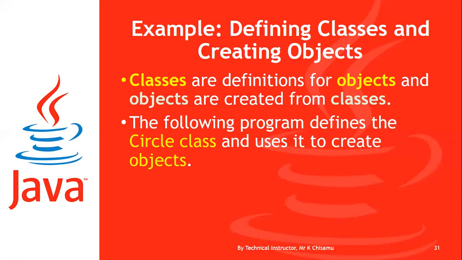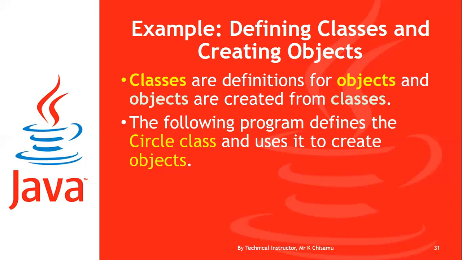I mentioned that a class can depict a real-world object, which can be something physical that you can touch, or it can be something nominal that you can only allude to. For instance, a bank account. A bank account is not something you can physically touch, but you can model it in OOP using a class. So in this particular case, we are modeling a shape called a circle.